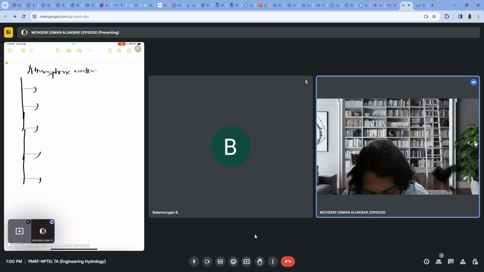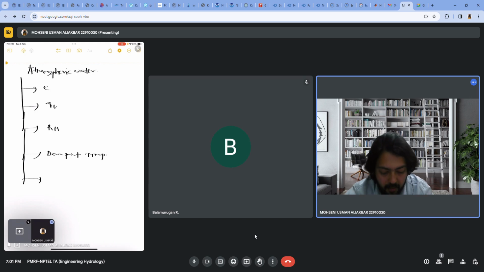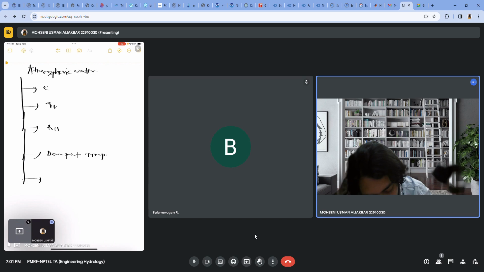Those definitions are vapor pressure, specific humidity, relative humidity, dew point temperature, and saturated vapor pressure, ESAT.